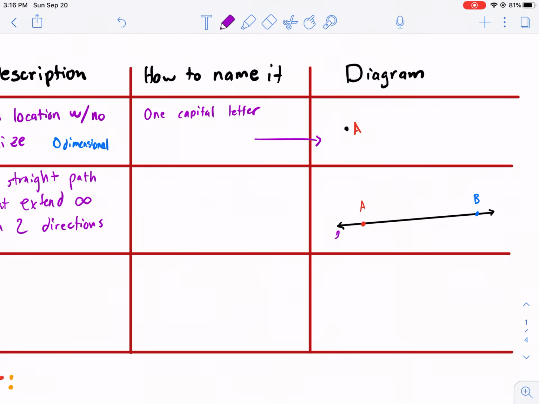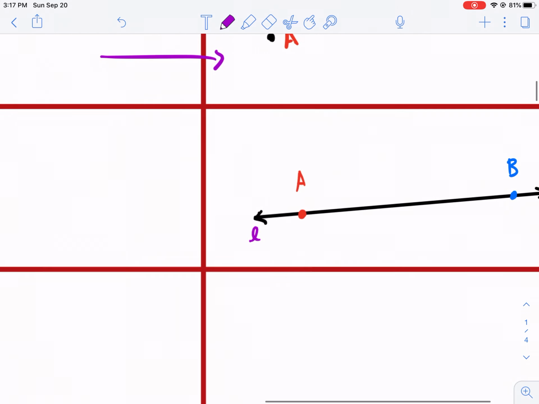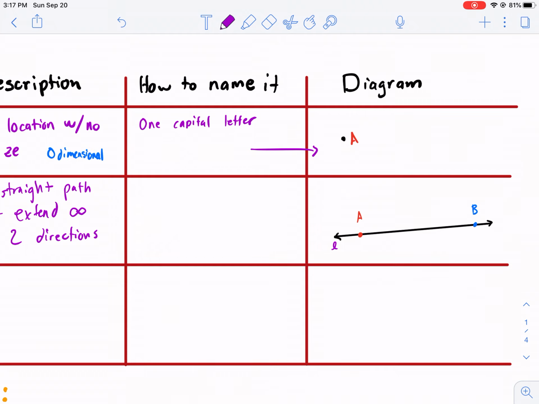So sometimes we'll say line L, for example, when we use a lowercase letter. So there's 2 ways. So we can use 2 capital letters referring to the points, or we can use one lowercase letter.